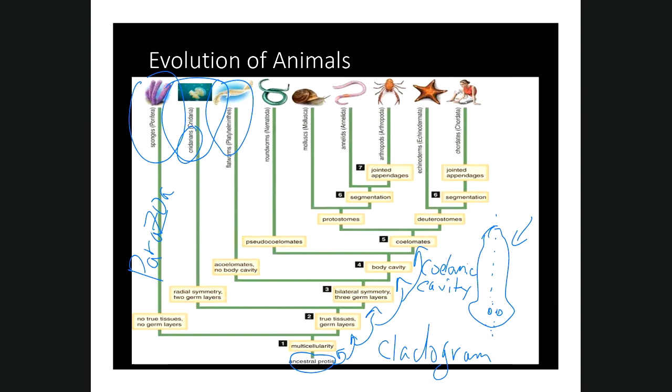Okay, and if you have that false coelom, you're probably going to be a roundworm, and there's all sorts of examples like the vinegar eel or the pinworm or the ascaris, heartworms, a lot of parasites. Not all of them are parasites, but a lot of parasites.